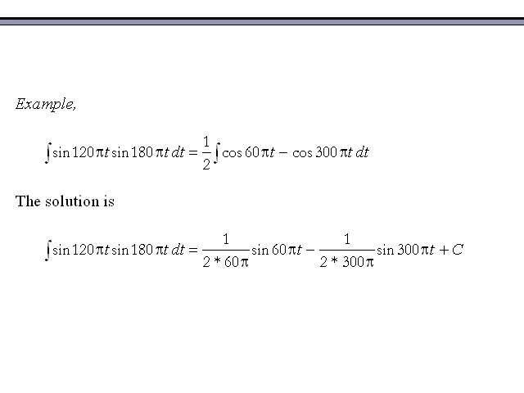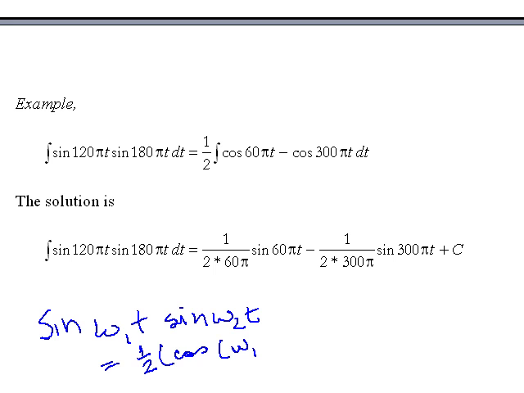Sorry, I erased the board there. So I've got sine of omega 1 times t times the sine of omega 2 t equals 1/2 times the cosine of the difference, omega 1 minus omega 2, times t, minus the cosine of omega 1 plus omega 2 times t.